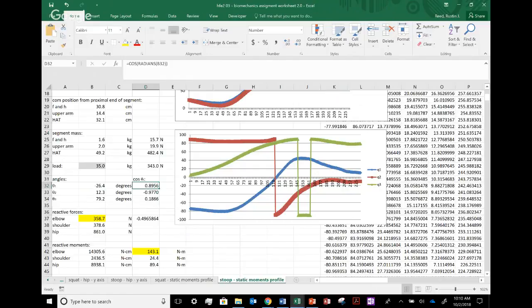I'll leave that one up there, B32. Sorry, I left the cursor right there. 0.89. So if we do that, then we get 0.89 radians.